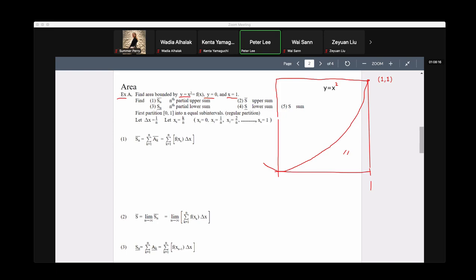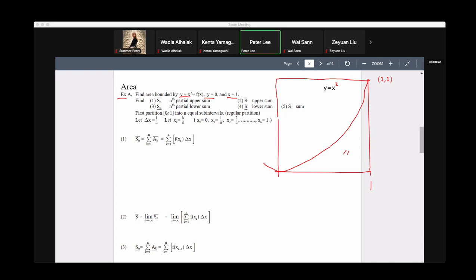So the question is, how are you going to get the area of all this? What we want to do is this. First, we are going to find the area in 5 steps. These are the 5 steps right here, 5 things we will find. We will find f sub n bar, that's what I call the n partial upper sum. Number 2, f bar, which will be the upper sum.